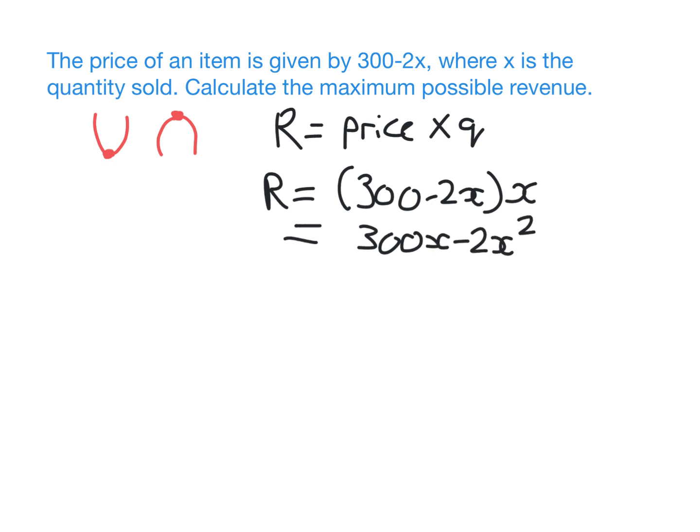So what would be the maximum revenue? Well, we know that if I were to graph this parabola, it would be a frowny face, because the a value, the coefficient of x squared, is negative. So that means that this function will have a unique maximum value. So how do we find such a maximum value?